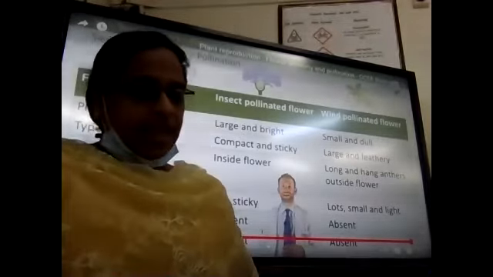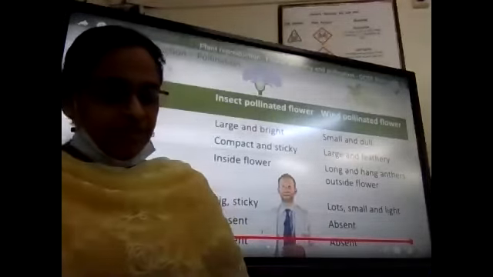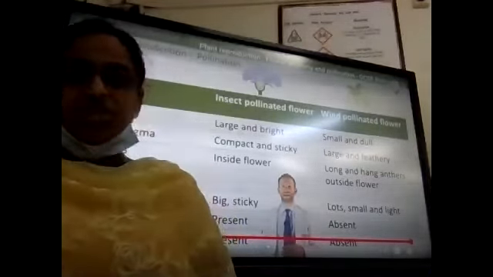Then the next step is fertilization, but the Zoom session will end within 2 or 3 minutes. So this is the anatomy of a flower and the main points of insect pollinated and wind pollinated flowers. Hope you understood this.